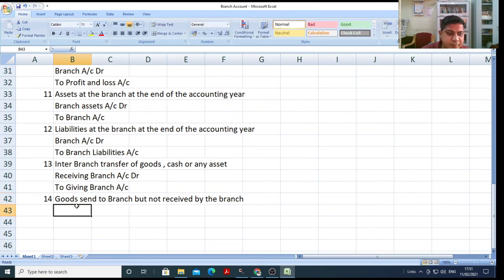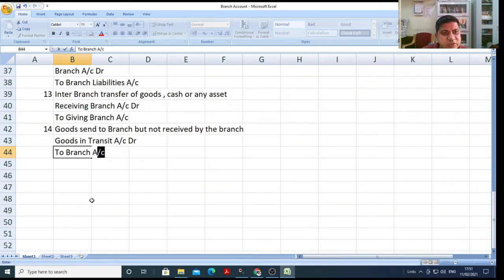So entry will be goods in transit account debit to branch account.